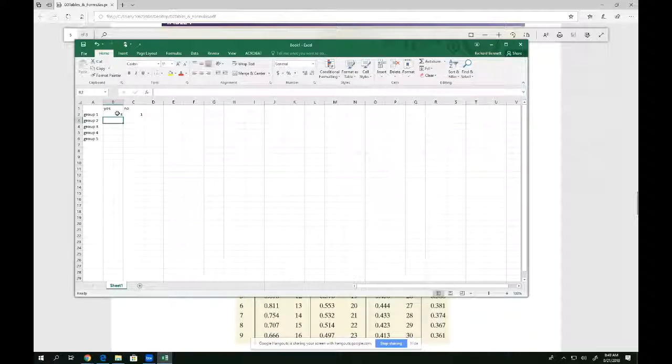How many yeses? 1 yes, 2 no's. Group 3, how many yeses? 3 yes, 1 no. Group 4, 1 yes, 3 no's. Group 5, 3 yeses and 1 no. We almost got them there.